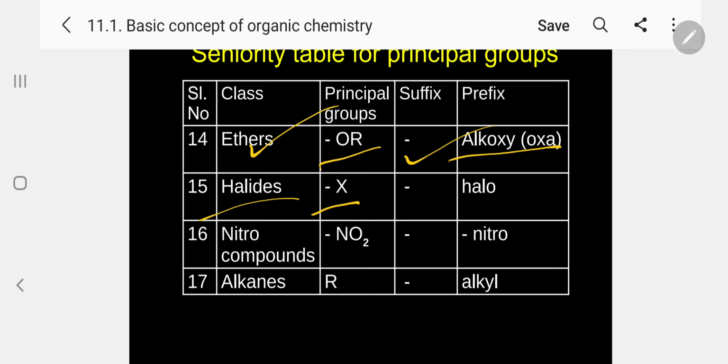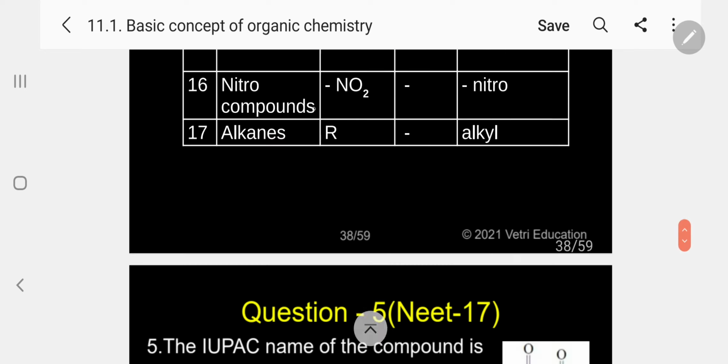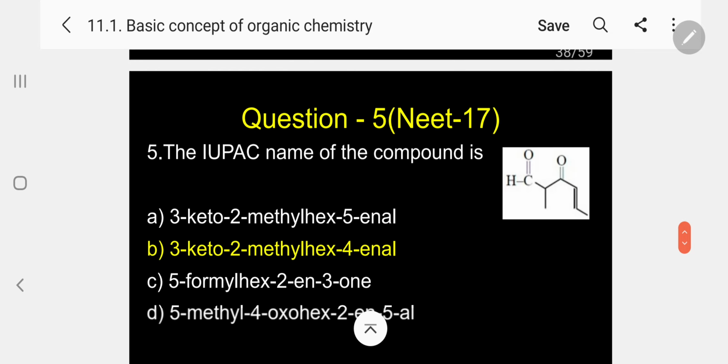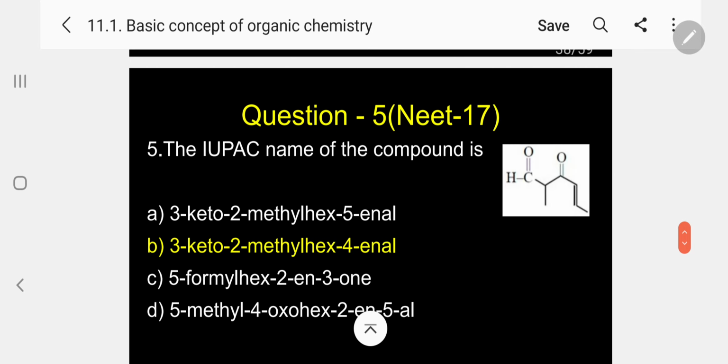Halides, minus X, prefix halo. Nitro compounds, NO2, no suffix, only prefix nitro. Alkanes, R. So this is called the seniority table. You have to memorize it. Only if you memorize that, if more than one functional group is present, you can follow the order. Here I will give the tricks.